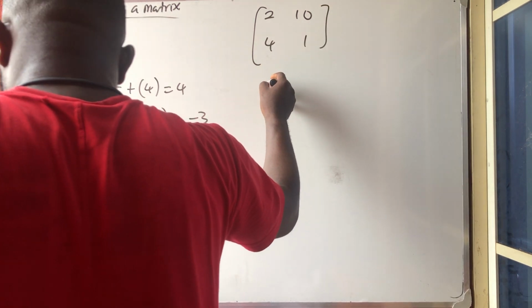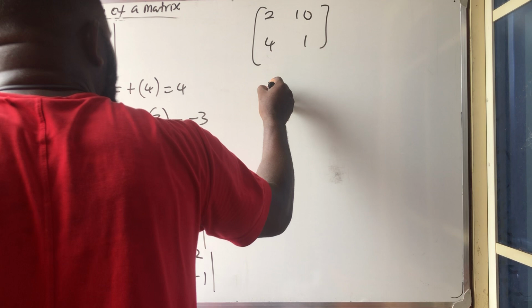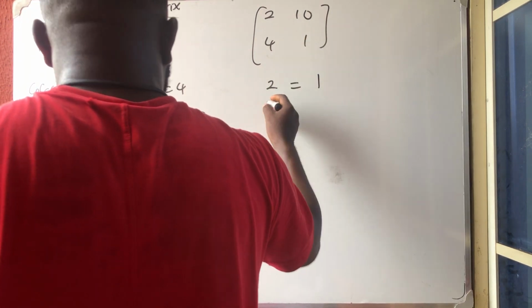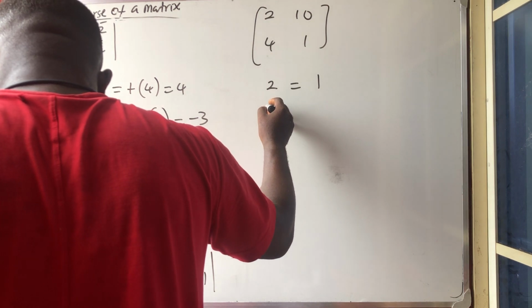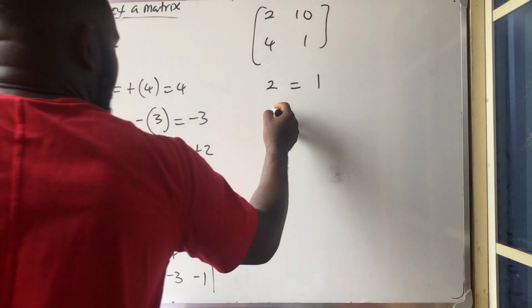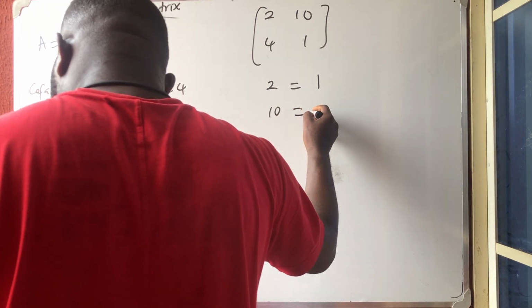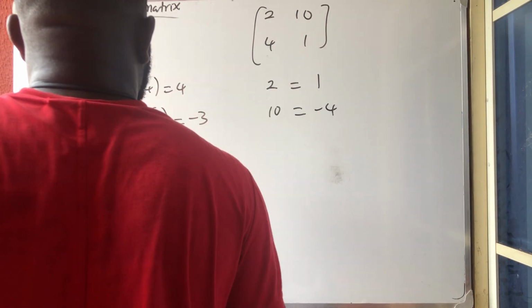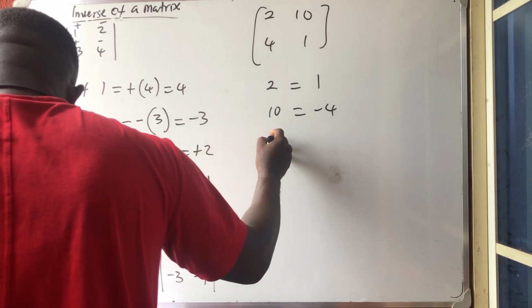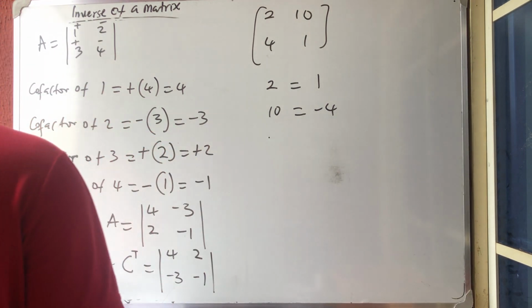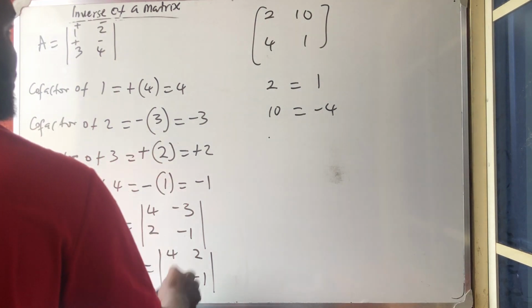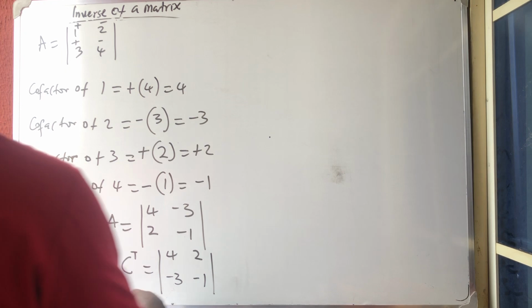They say that the cofactor of 2 is 1. Cofactor of 10 is minus 4. Oh, okay, sorry, I see where I made the mistake.